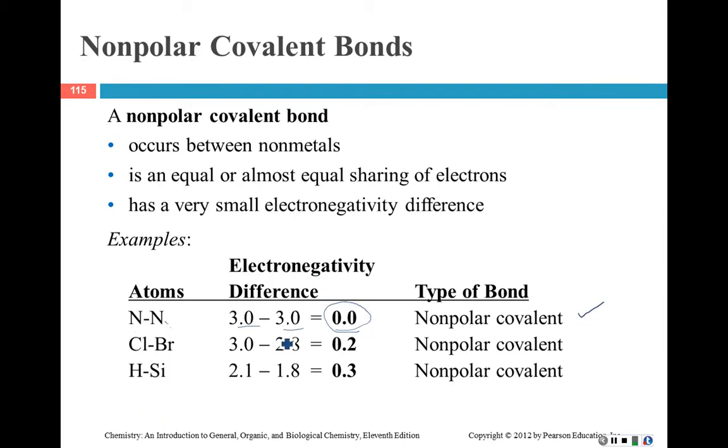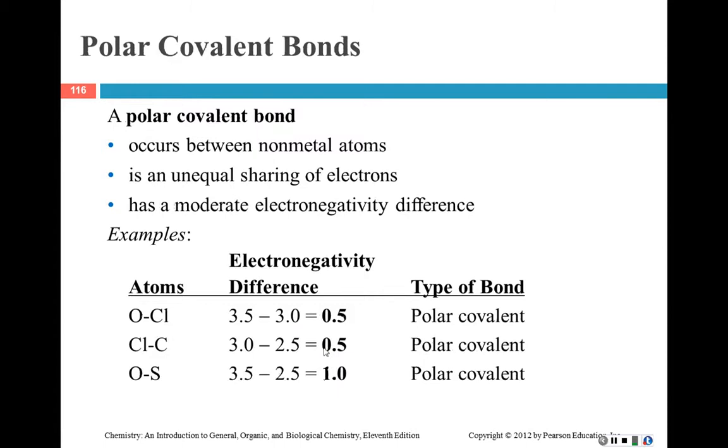But if they're close, 0.2, 0.3, they're still going to form a nonpolar covalent bond. And so you can use this difference to calculate it exactly. A polar covalent bond is when you get over 0.4.